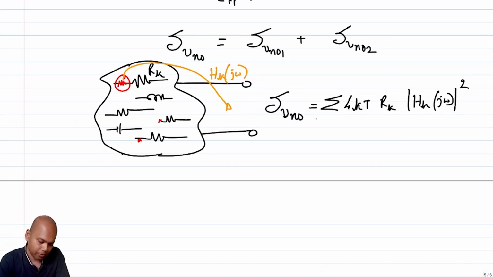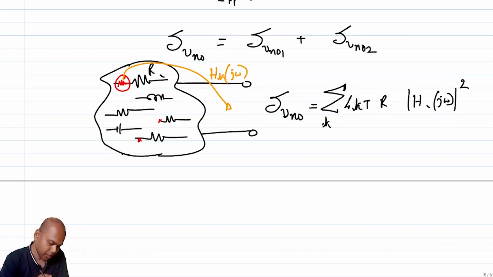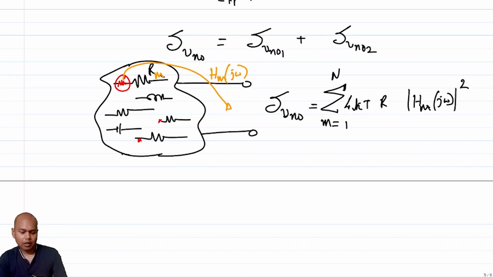So essentially we are summing over, I should not use k because this becomes an abuse of notation in the presence of Boltzmann's constant, so let me use m, m equal to 1 to n, right? This is essentially what we have done till now.